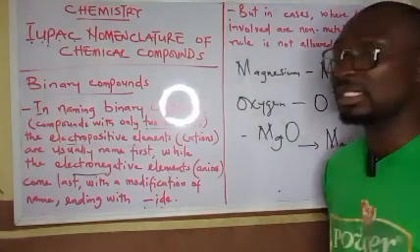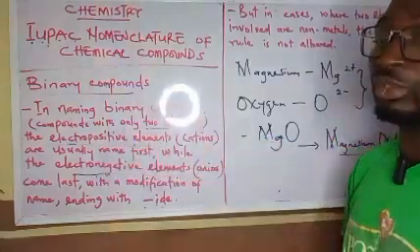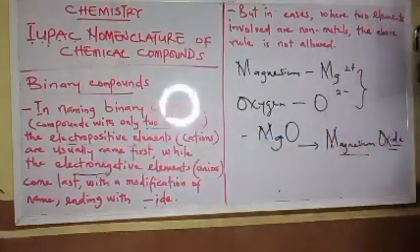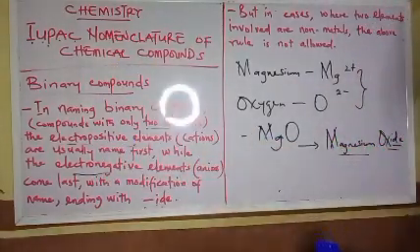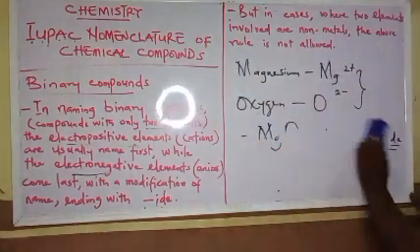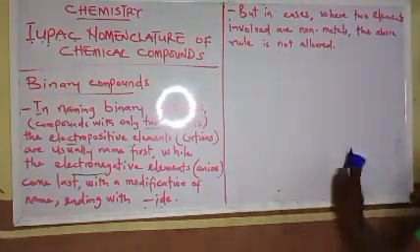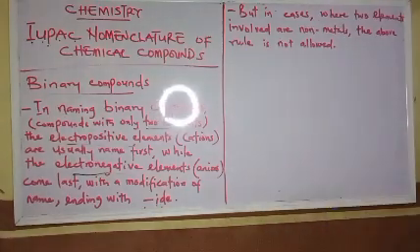But there are some cases where this rule of naming binary compounds will not work. And what are the cases? When you have a case of 2 non-metals, this particular rule cannot hold.